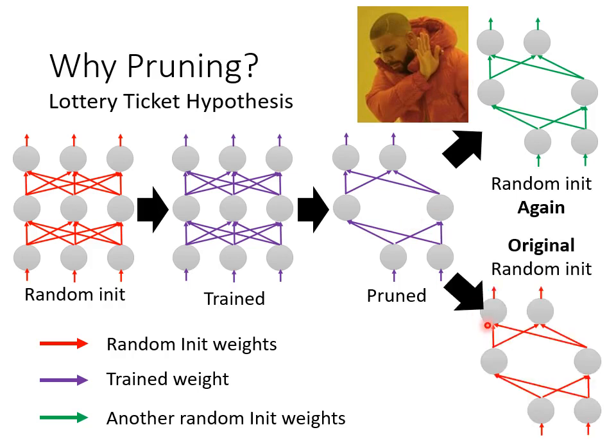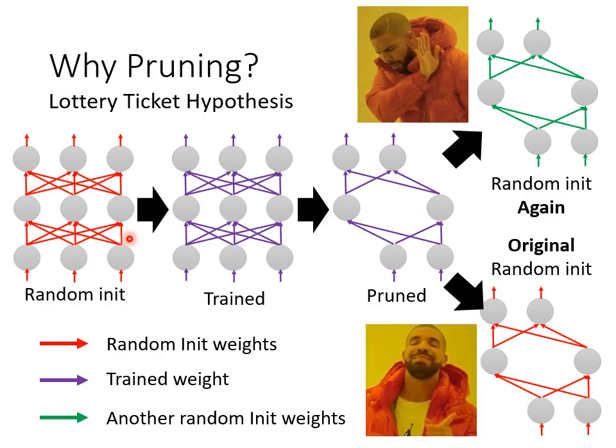However, if we reinitialize the parameters of the small network with the same parameters of the red parameters, the training would be successful. Do you guys get the difference between the two? Although these two sets of parameters were all randomly initialized, the set of green parameters has nothing to do with the set of red parameters.